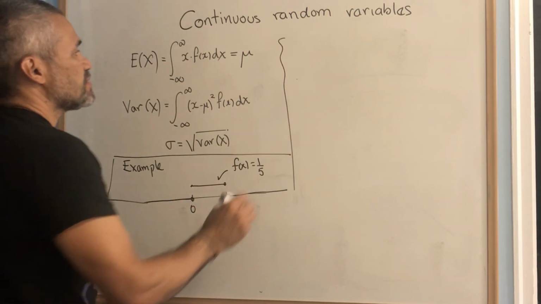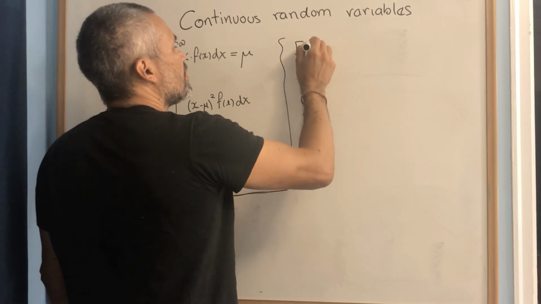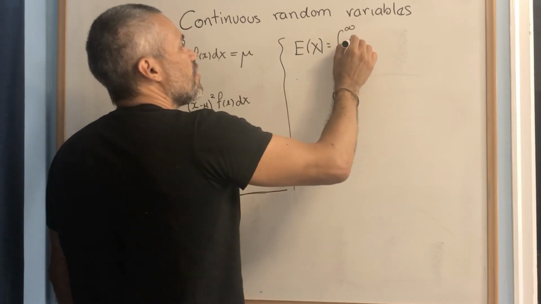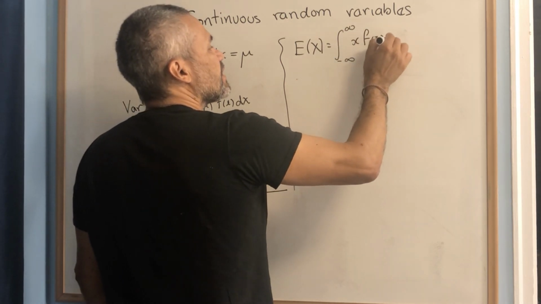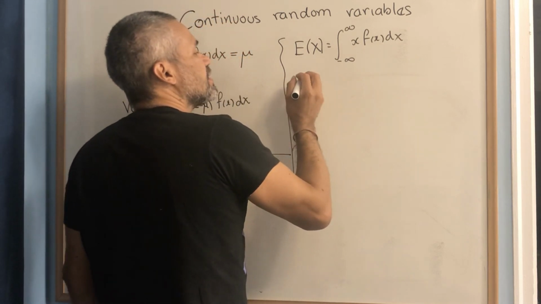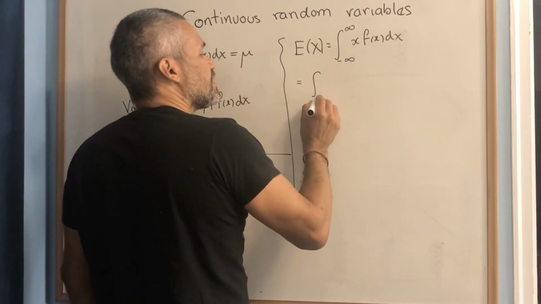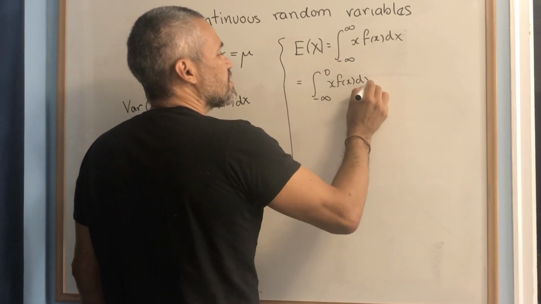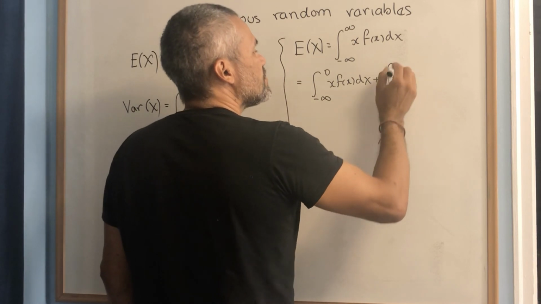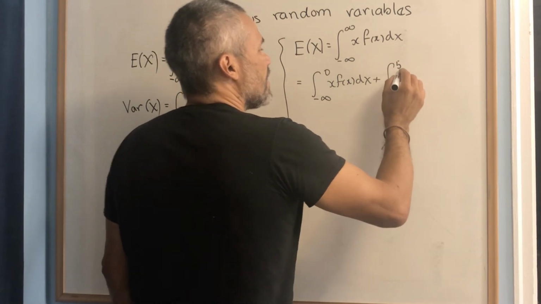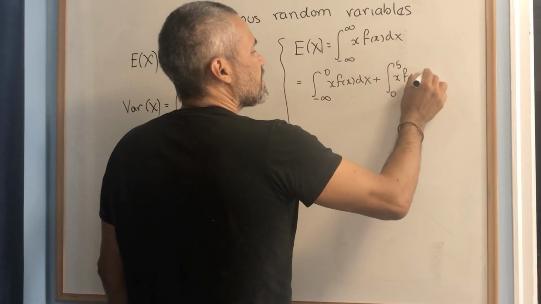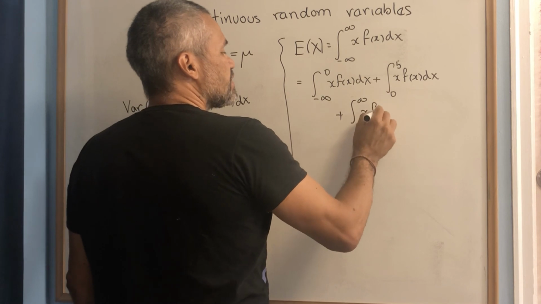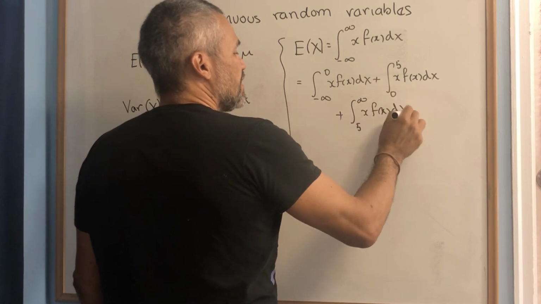The expected value is just the integral from negative infinity to infinity of x times f of x dx, and this is equal to the integral from negative infinity to 0 of x f of x dx, plus the integral from 0 to 5 of x f of x dx, plus the integral from 5 to infinity of x f of x dx.